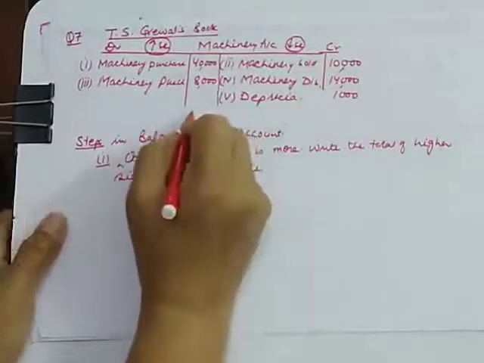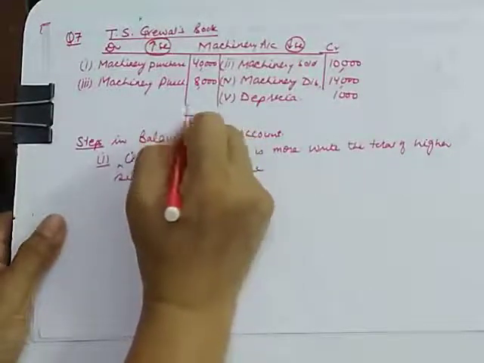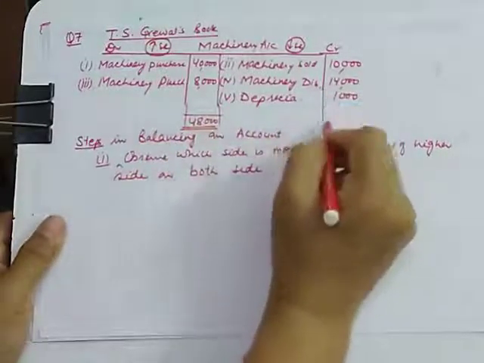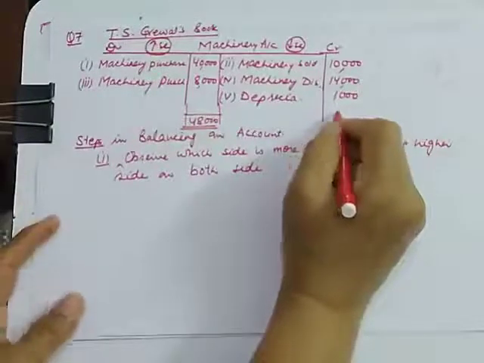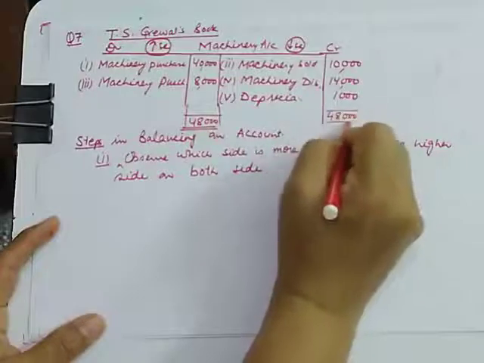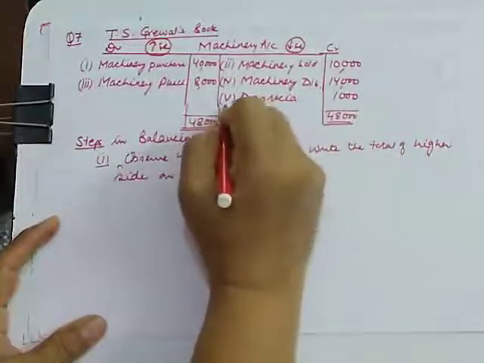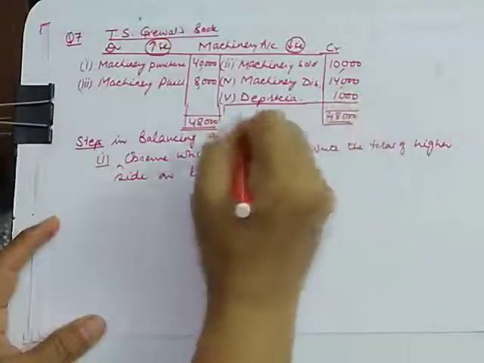So the total here is 48,000. We'll write 48,000 here, and on the lower side also we write 48,000, but you need to leave a gap, because this gap will be the balancing figure.